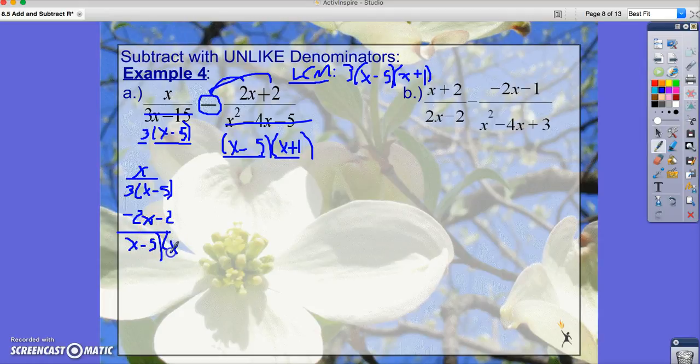All right. Now we're going to multiply by what's missing, so let me draw my line. So once again, subtraction just means I distribute the negative. I'm not always necessarily subtracting, it depends on our signs. But I need to multiply by something to get the LCM for both.